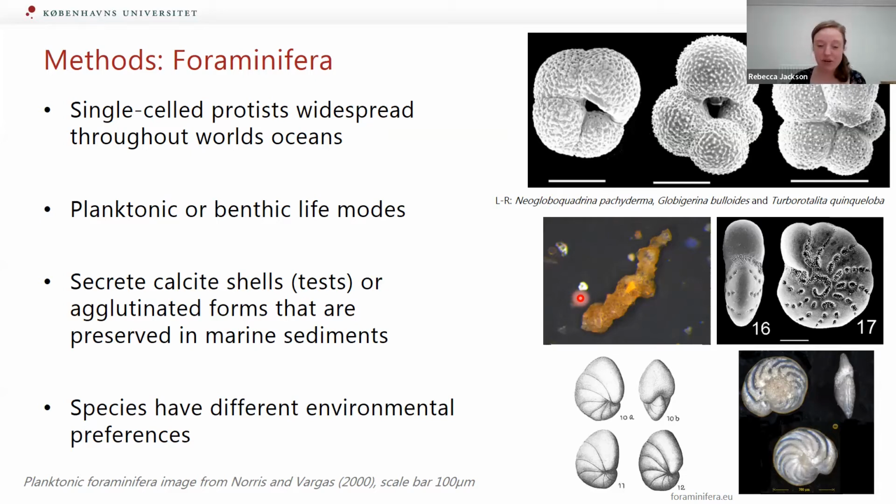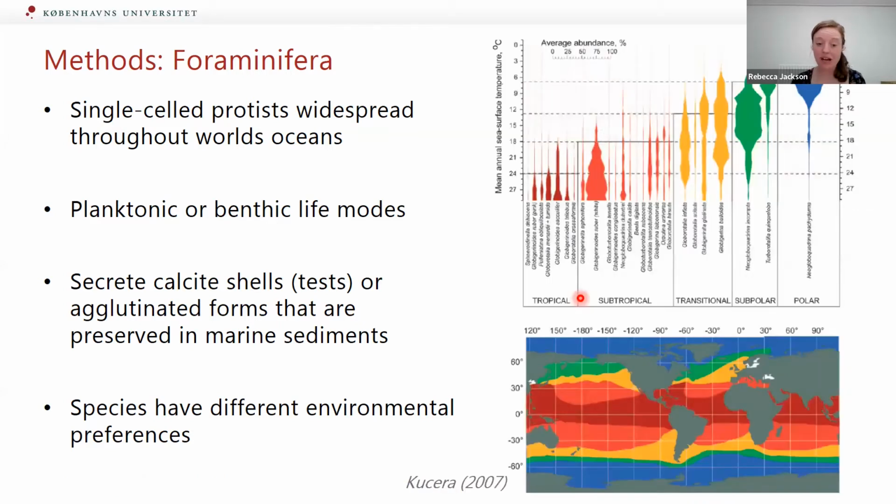And the different species that we find, and there are many, of foraminifera, we know that they have different environmental preferences. So, for example, planktic foraminifera. Maybe it's a bit more nuanced than this, but in general, you can see here, this is a study of surface sediments around the world, so the very top where these foraminifera have just landed when they secrete their shells.